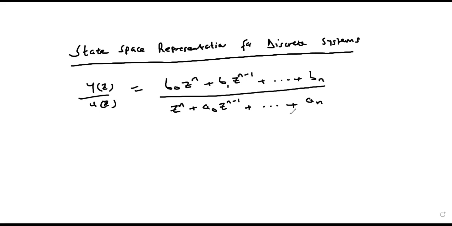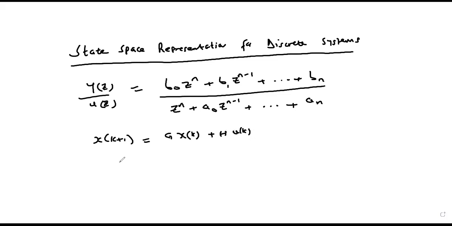Then we can obtain the state space representation of the system by determining the n first order difference equations, which may be combined into a first order vector matrix difference equation defined by x(k+1) equals a matrix G multiplied by x(k) plus a matrix H multiplied by u(k).